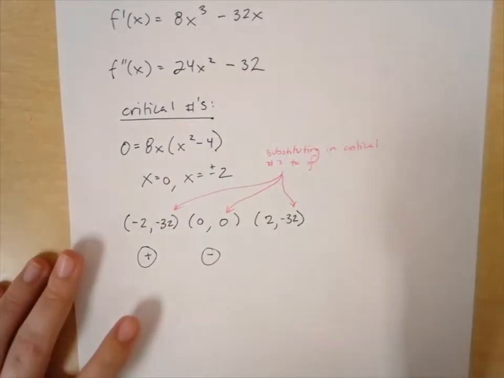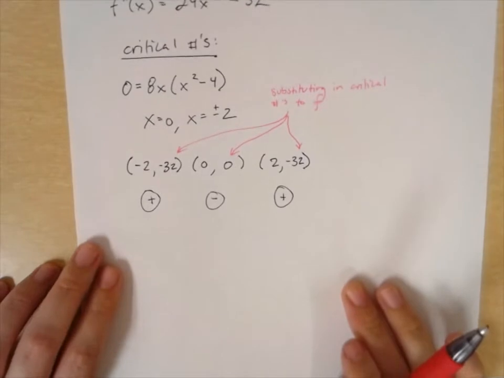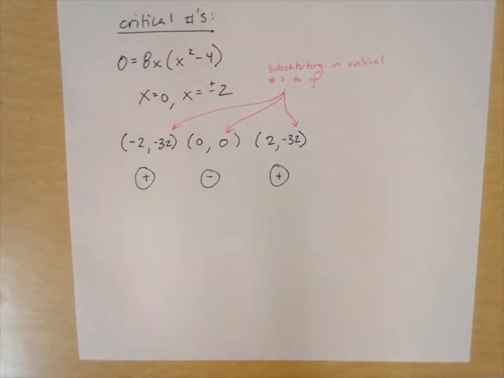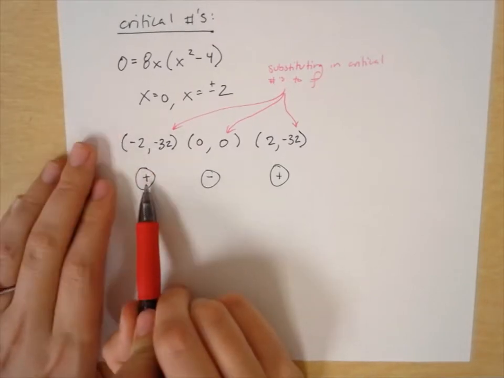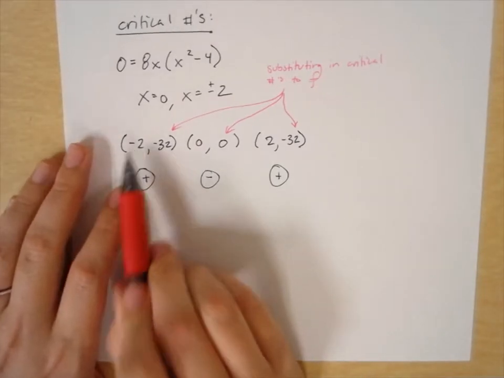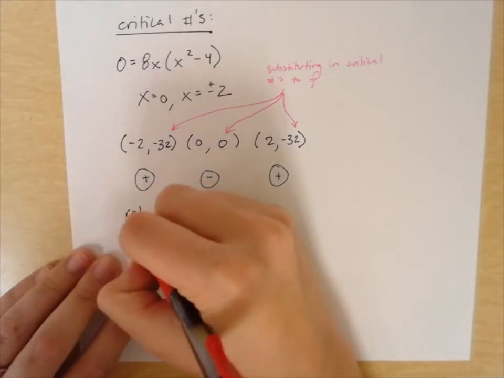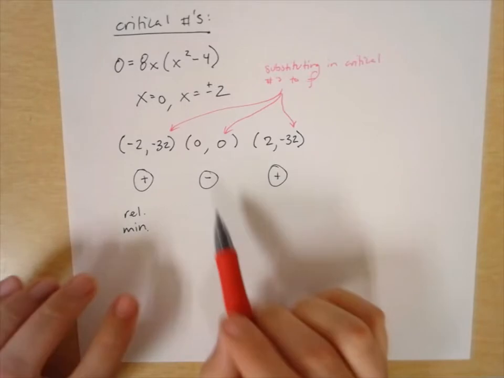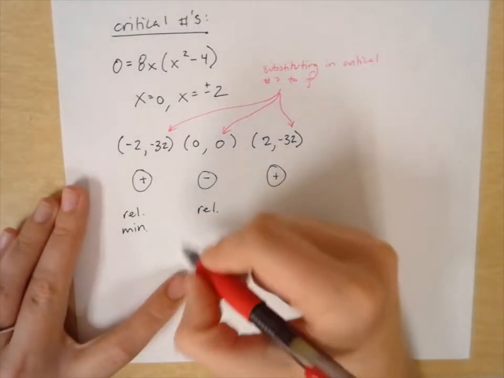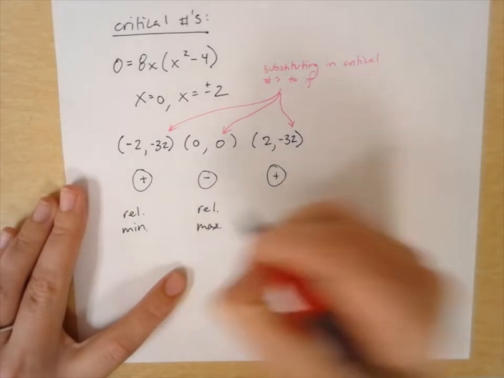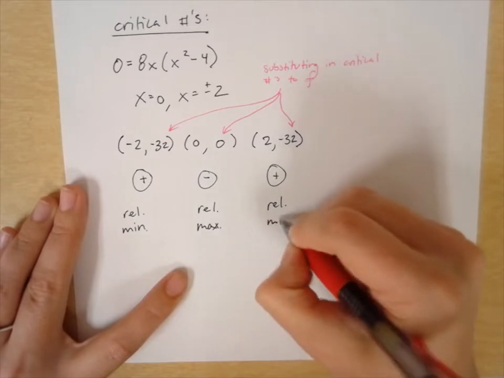It's not going to change the sign, so it's going to stay positive. Okay. And remember what the second derivative tells us is that if the second derivative is greater than 0, if it's positive at the critical number, then I have a relative minimum. And if it's negative at a critical number, then I have a maximum. And again, positive means a minimum.